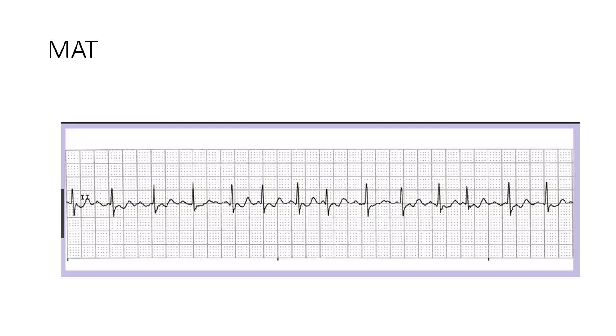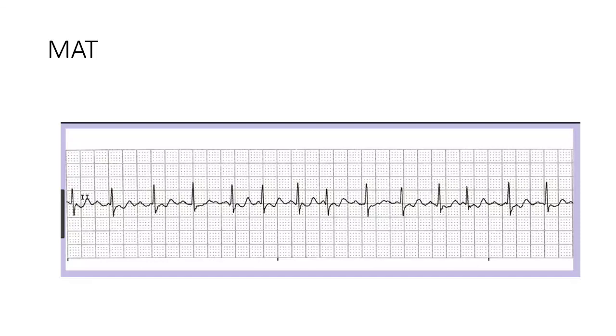Is this rhythm regular or irregular? It's irregular. Why is it irregular? From an anatomical perspective, why is it? We got varying R-to-R intervals. Well, what causes that, Cece? Is it because the atria is firing in so many different spots?